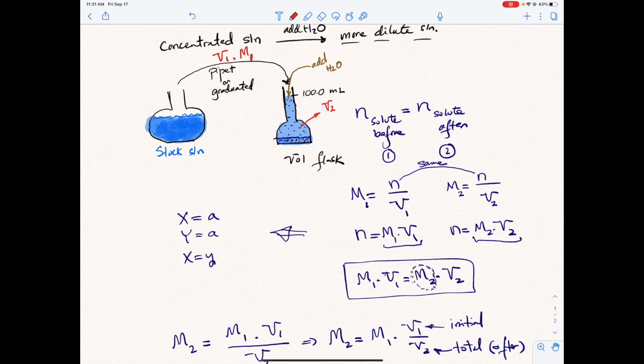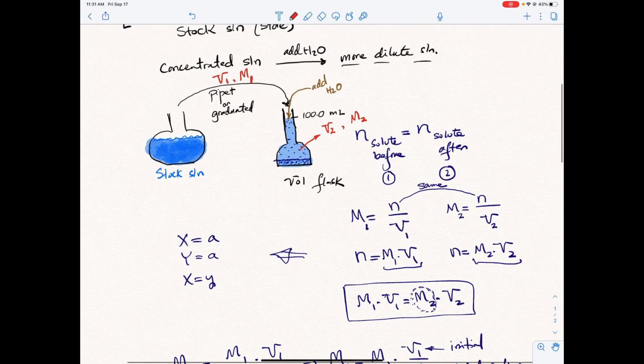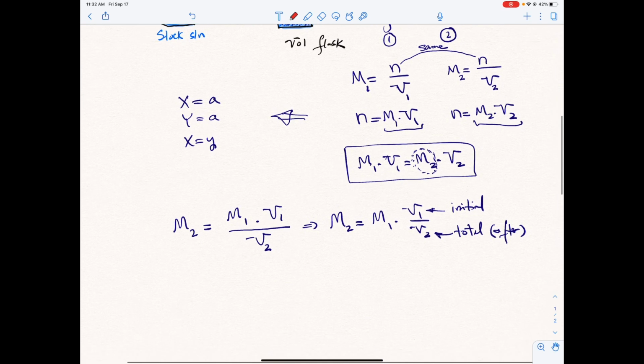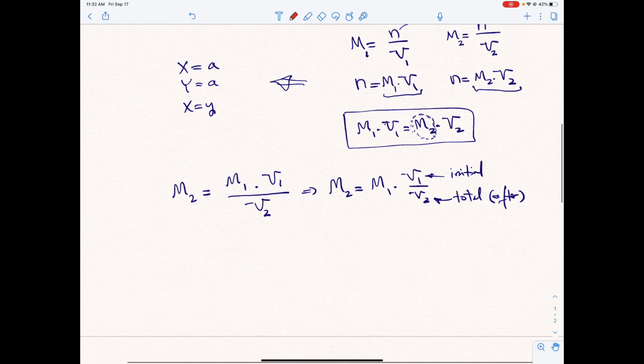The volume has increased, say to 100 ml in this case, and the concentration is now different. So M2 is more dilute. We just talked about it, that if you add more water, you go from a concentrated solution to a more dilute solution. So these are the principles of the dilution equation, M1V1 equals M2V2.